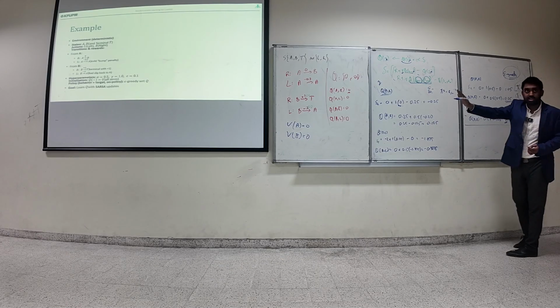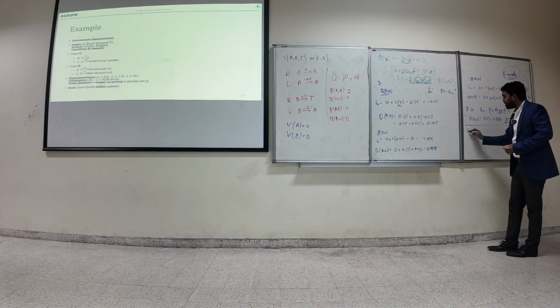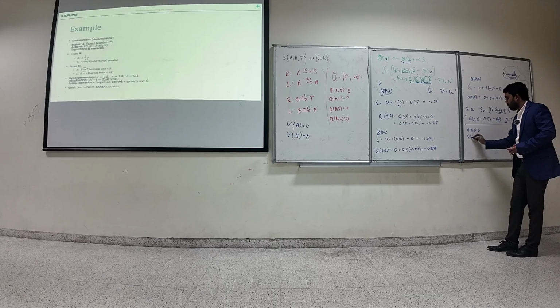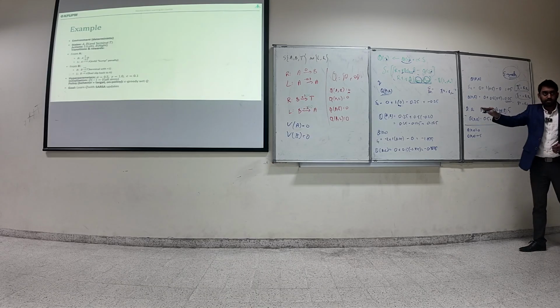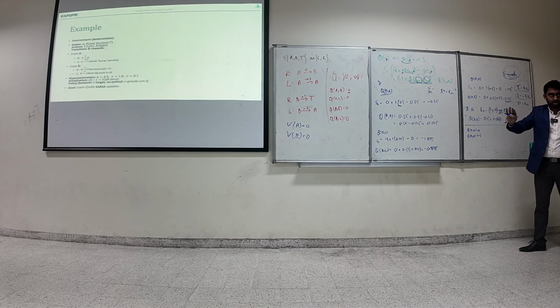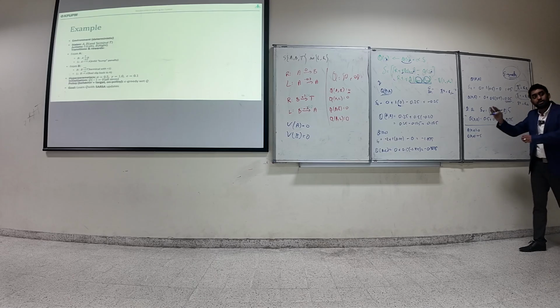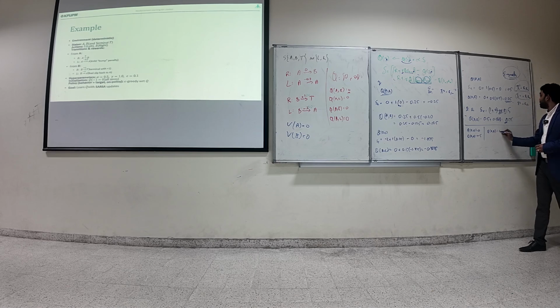Your initial values were that, right? After the first episode, QAR was 0 and QBR was 0.5. QAL and QBL are the same, 0 and 0, because we did not touch them since they were not part of our policy. In the second episode, QAR was 0.25 and QBR was 0.75.